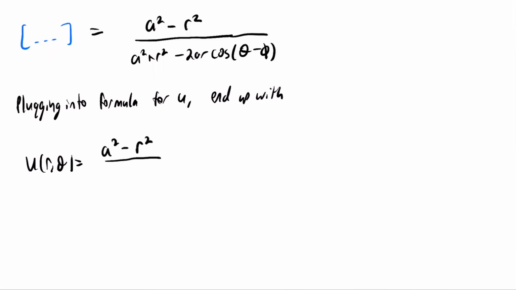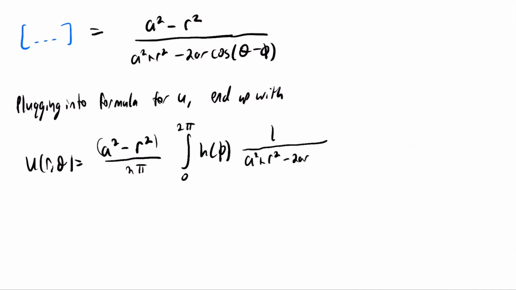So I get a squared minus r squared over 2 pi, and then we had an integral from 0 to 2 pi. We had our boundary function h, and then we had this fraction, which is the remaining piece, 1 over a squared plus r squared minus 2ar cosine theta minus phi. And we're integrating with respect to phi, right?